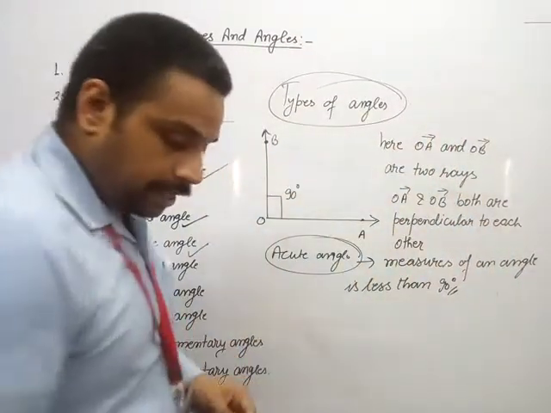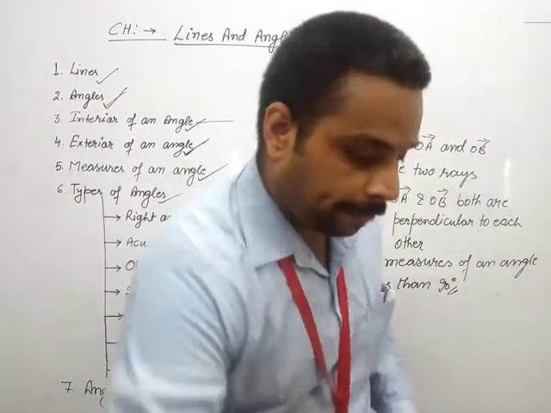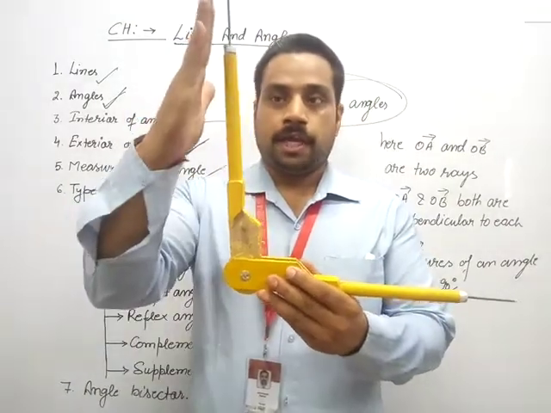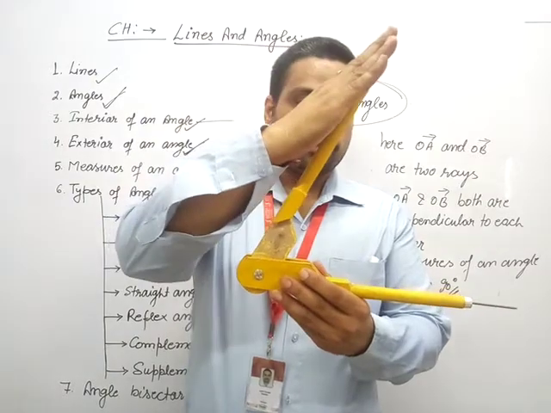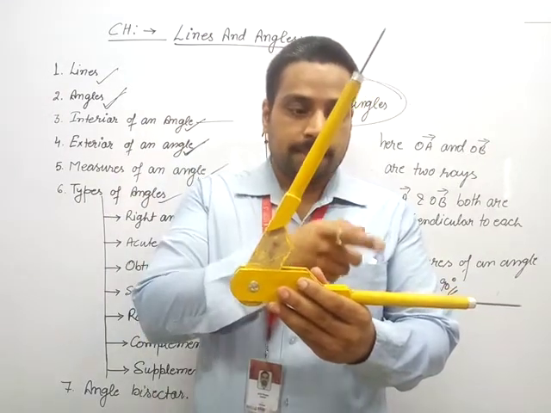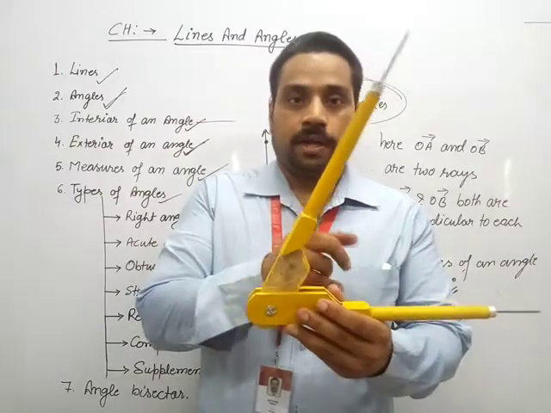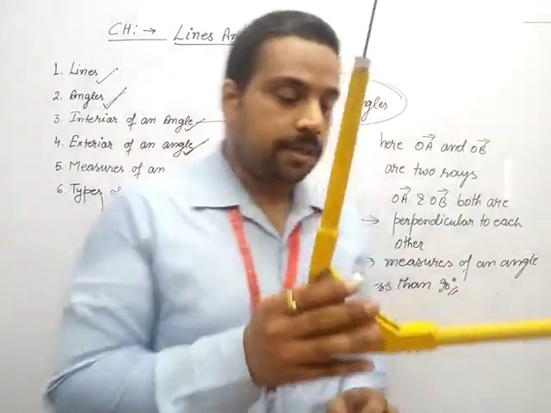Less than 90 degrees means like this one. Here, this is 90 degrees. If I move this one, what happens? This gap is less than 90 degrees. So this is called an acute angle. I hope that this is clear to you.